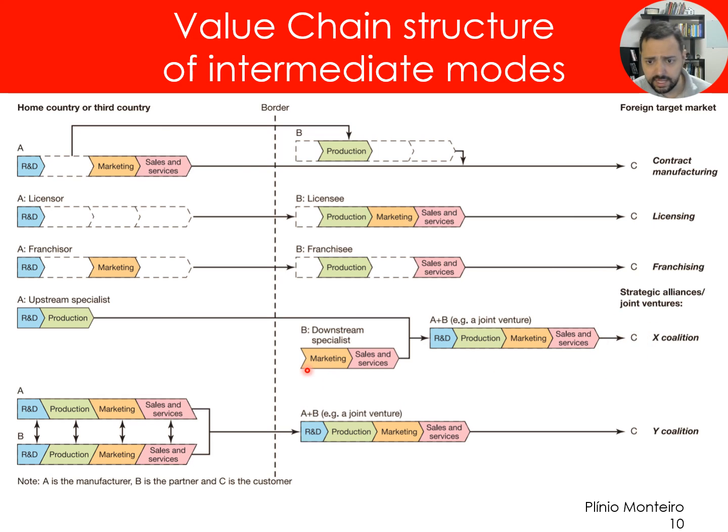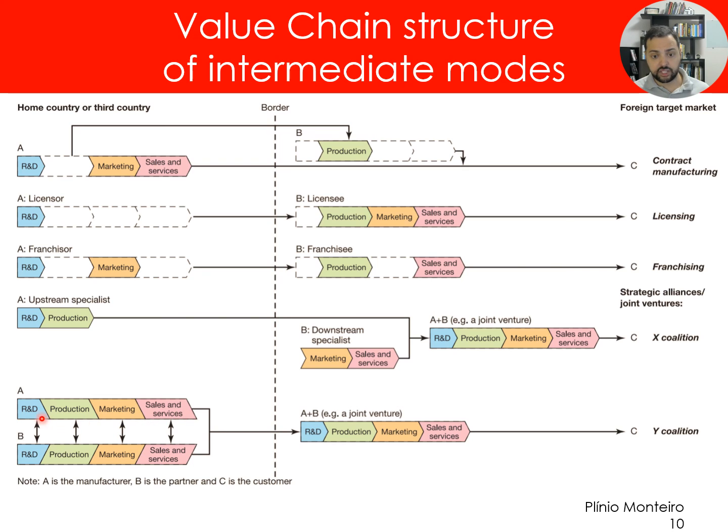And as you can see, the downstream specialist is located in the foreign market. And finally, we can have the Y coalition. That is basically when you have two companies that each develop their own research and development, production, marketing and sales. Both companies are very good at that, and they start having some exchanges.